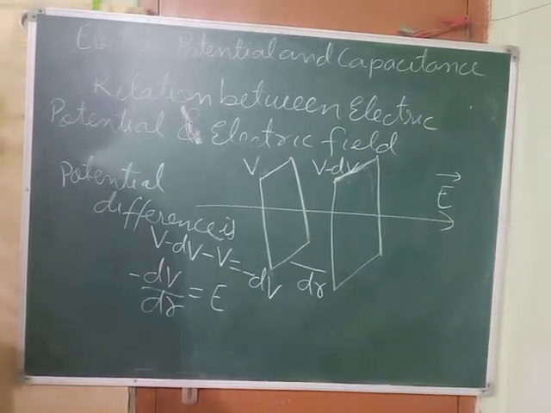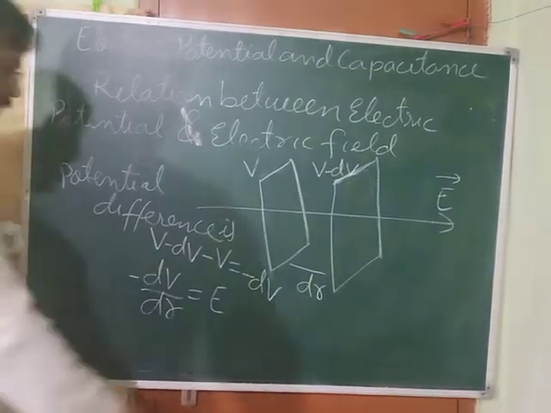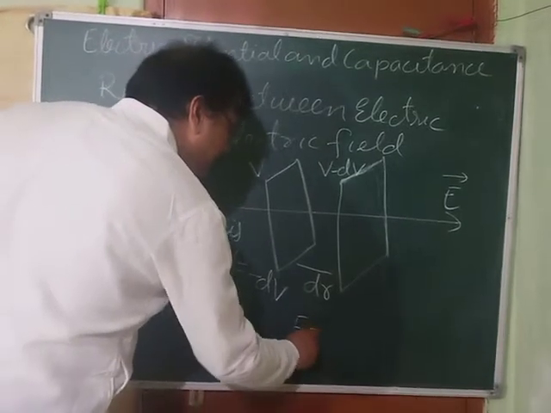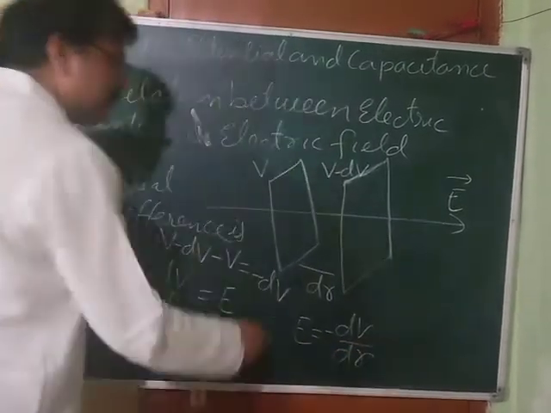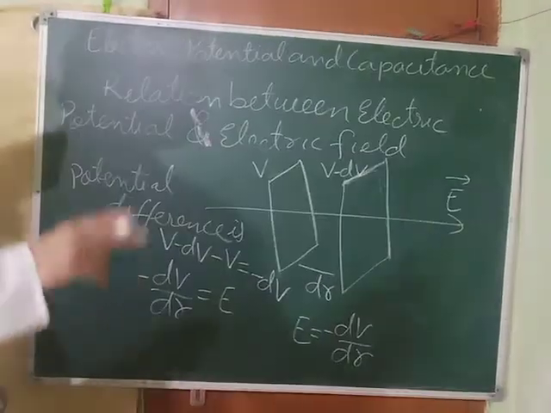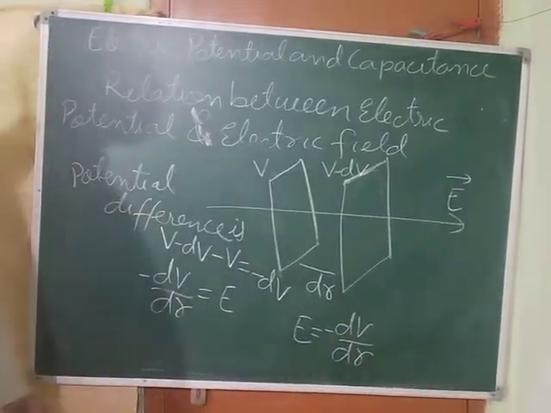Or we can write this as E is equal to minus dV by dr. This minus indicates that when we are moving along the direction of electric field, the potential decreases.